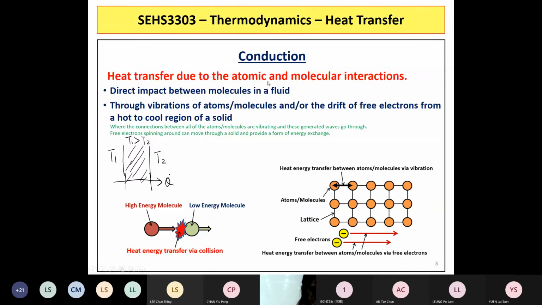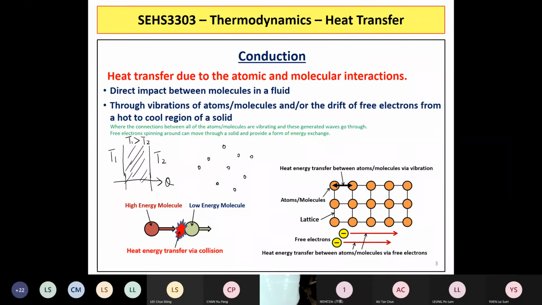And for a fluid, the conduction is caused by the direct impact between the molecules. According to the kinetic theory of gas and fluid, we have a very irregular form of molecules, right?